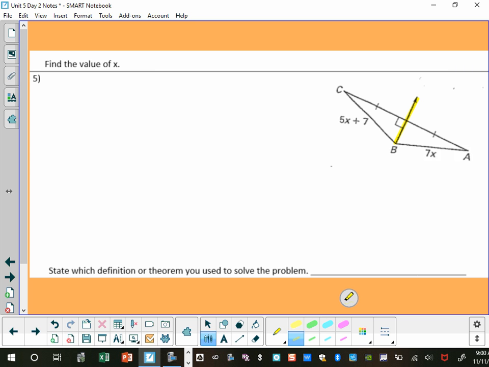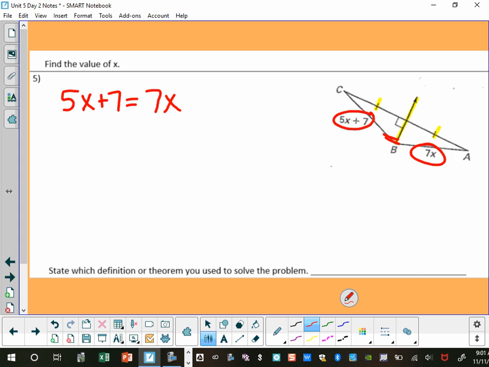So that means that this side is congruent to that side. And what does that mean for these sides? They're equal to each other because they are congruent. So we're going to make them equal to each other. So if I want to solve for x, I'm going to do 5x plus 7 is equal to 7x. And then work this problem out.